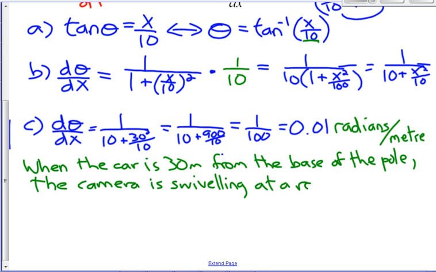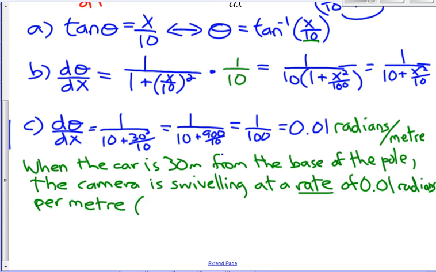We're finding rates when we find derivatives, of 0.01 radians per meter. And the meters are the meters traveled by the car. And as the car gets further and further away, that rate is going to decrease.